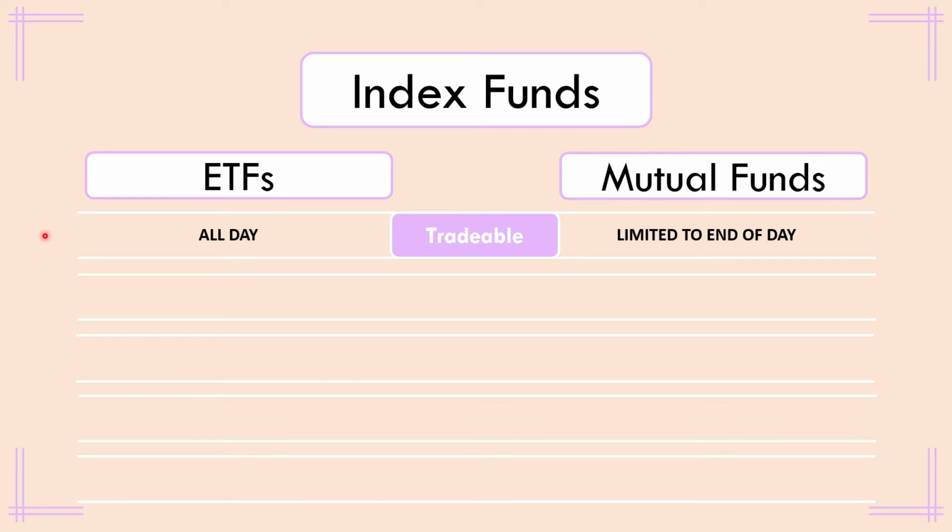However, ETFs, exchange traded funds, are going to be tradable all day, whereas mutual funds are typically going to be limited to the end of the day. So access is greater towards ETFs if tradability is high on your list of priorities. The second is the expense ratio. So that's the MER we talked about earlier.